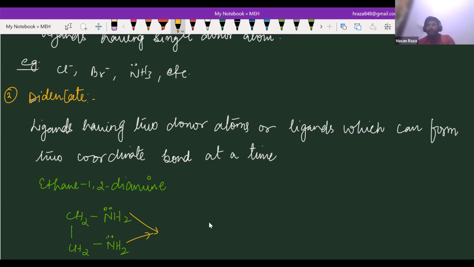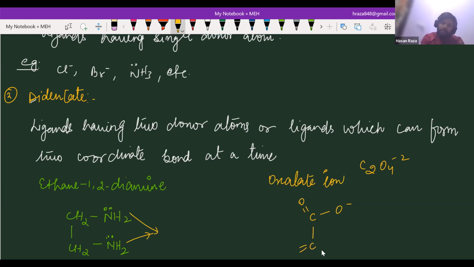That's why it is didentate. Another example is oxalate, which we have already discussed, with formula C2O4 2 minus. Its structure is C double bond O negative, and again C double bond O negative, and it can donate from here and here. So it is didentate.